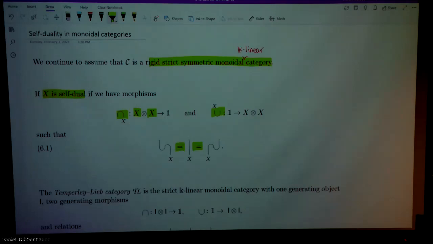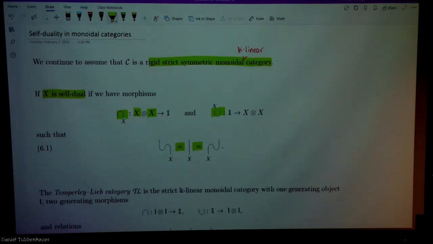Okay, so we have this one generating object, which instead of denoting as an up arrow, I'll denote as just this sort of line. And we've got our cup and cap that satisfy these two zigzag relations that make that object self-dual, and that's it.